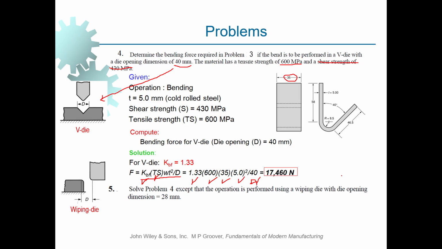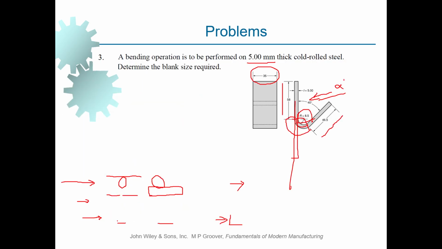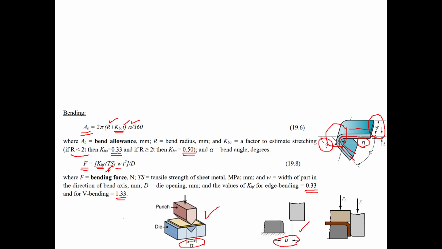Problem 5 is asking us to do the same problem, except that the type of bending die that is used is a wiping die or edge bending, this one, same thing. The only difference is the value of KBf. If we take a look at the equation sheet again, the only difference in V bending and edge bending is just the value of KBf.